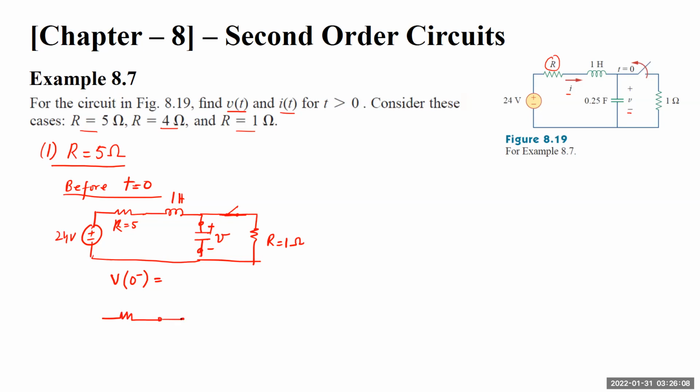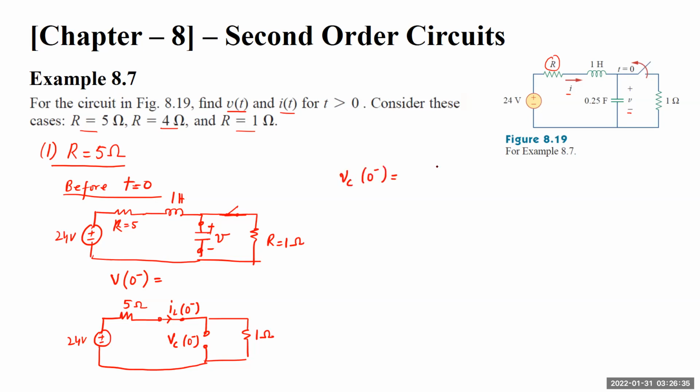The inductor would be completely magnetized, the capacitor will behave as an open circuit, and there is the 1 ohm resistance, the 5 ohms, and this 24 volts. This is the VC at 0 negative. This value of current will be IL 0 negative. So let's find both values.